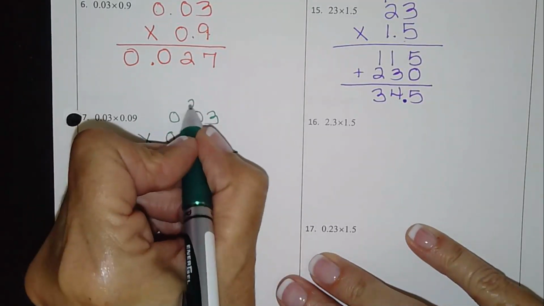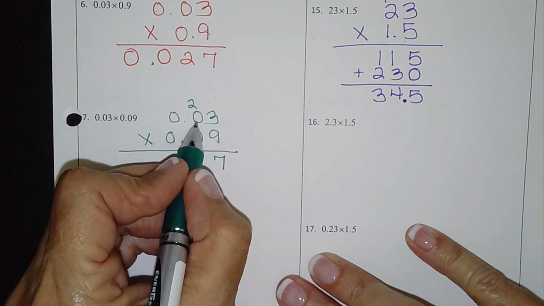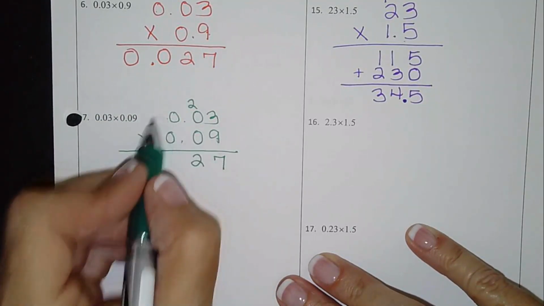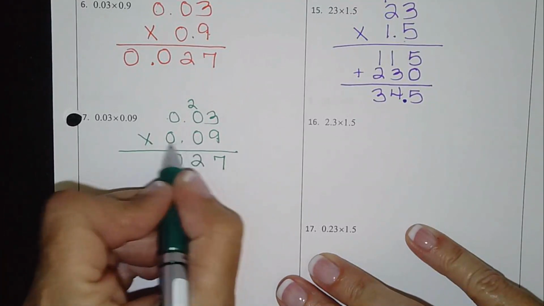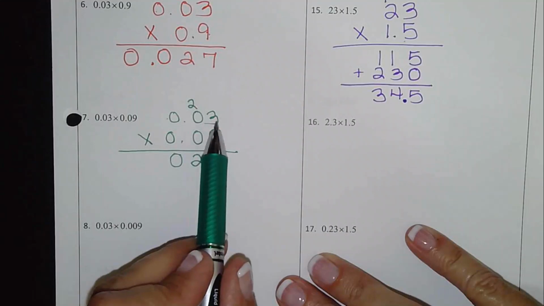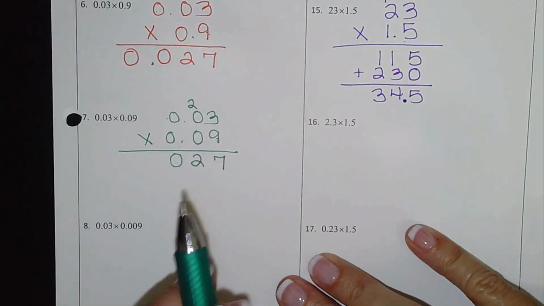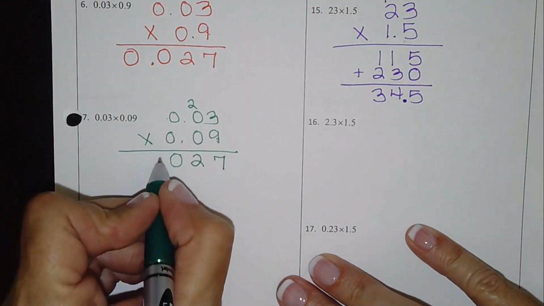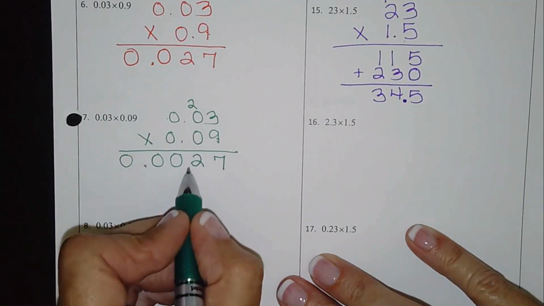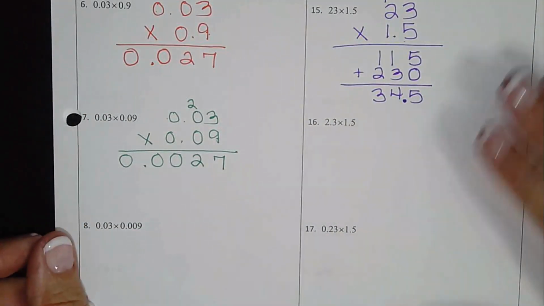Carry our 2. 9 times 0 is 0. Plus 2 is 2. 9 times 0 is 0. We don't have to do any more because these are zeros. My answer has 1, 2, 3, 4 decimals, and I only have 3 here, so I got to add a 4th and then the 0 in front. 1, 2, 3, 4 decimal places.